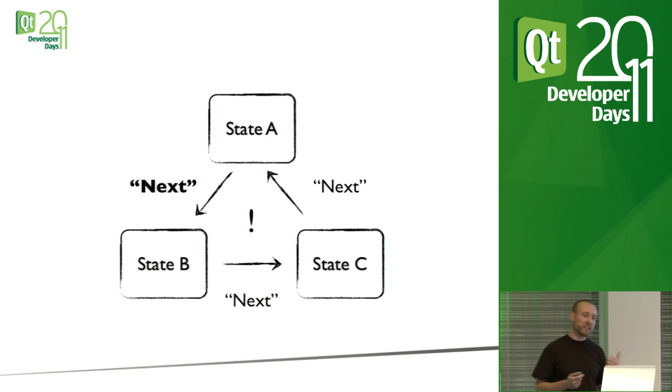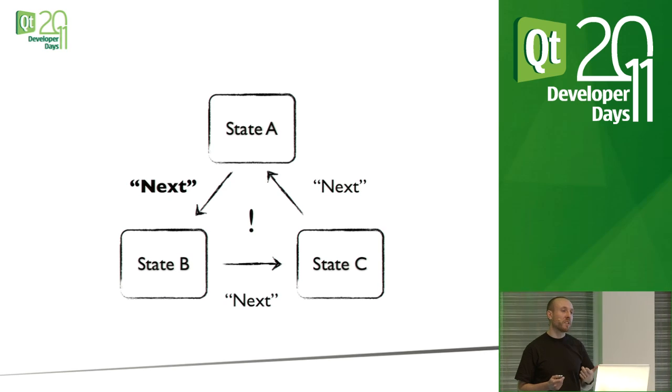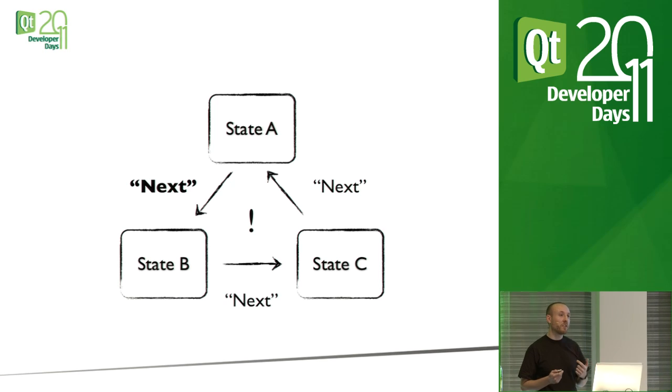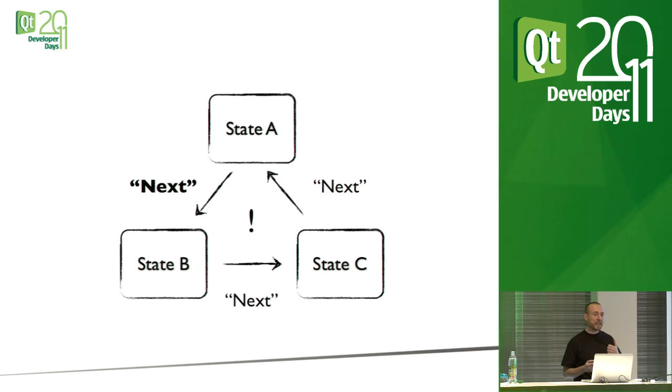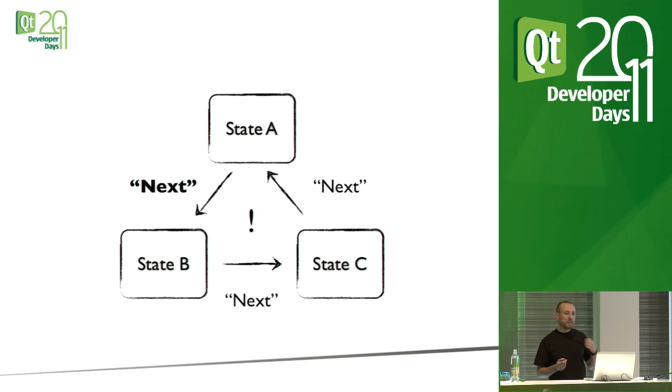You will only move to state B when you're in state A and the next signal is fired. If you happen to be in state C at that point, you will not be able to move to state B. You will only be able to move to state A, because that's where you have defined a transition from state C to state A.